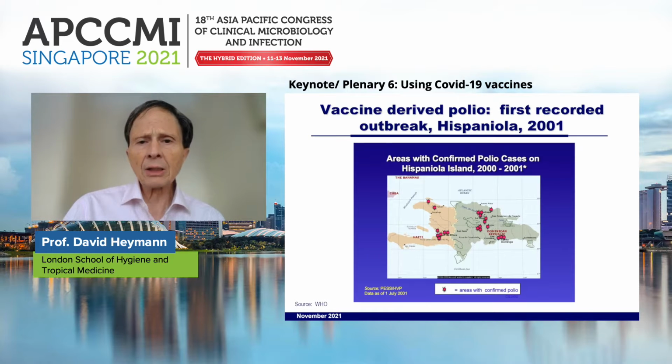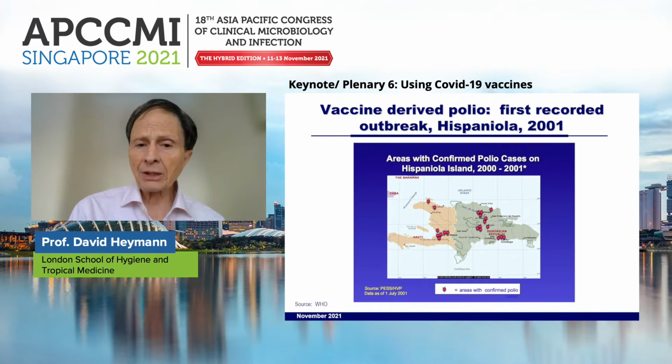But polio eradication ran into a problem in 2000 when it was realized that the vaccine being used to eradicate polio was also causing vaccine-derived polio because the vaccine strains of Sabin live virus were not stable.